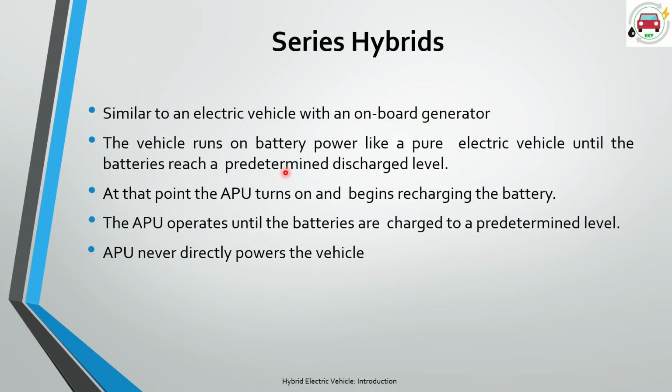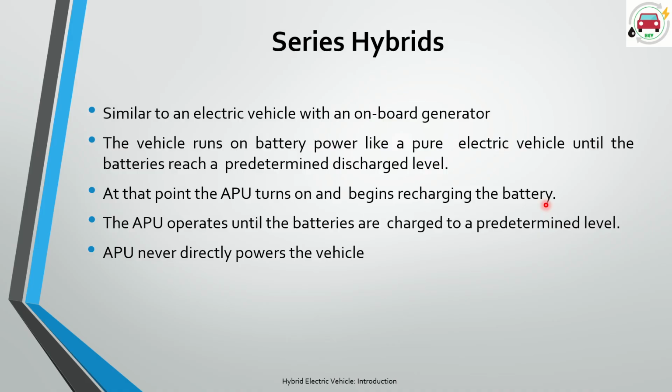But whenever we are having an APU in hybrid electric vehicles, this APU is giving us more power. It is the alternate power unit, and it will turn on whenever we are going to lose the power from the power source. The APU turns on and begins recharging the battery.